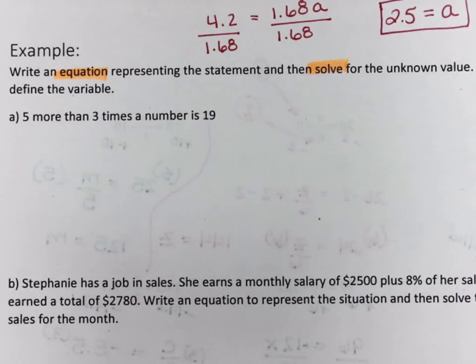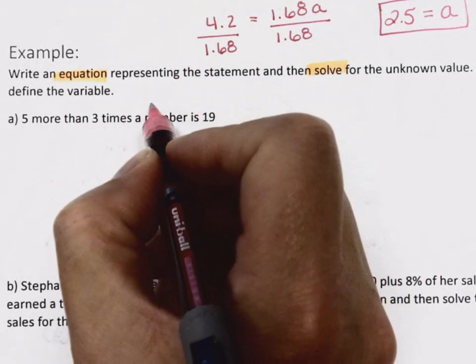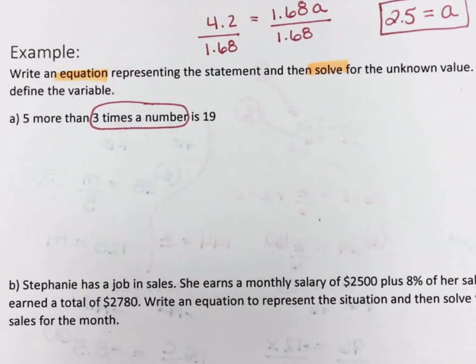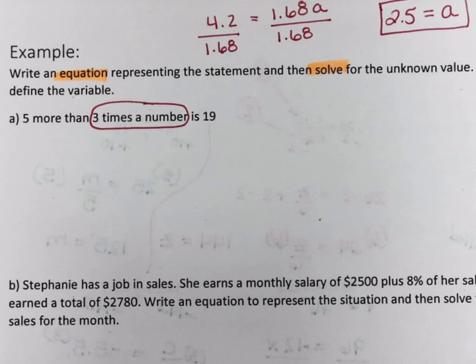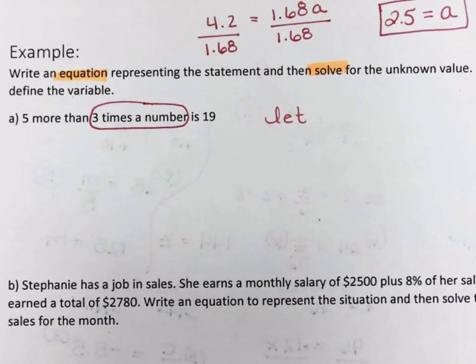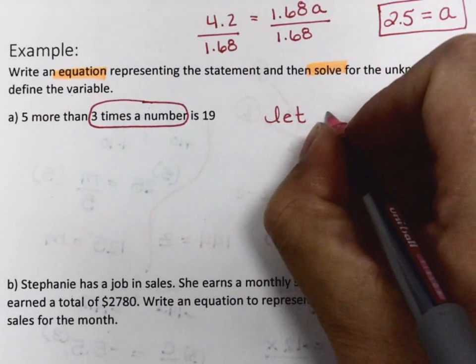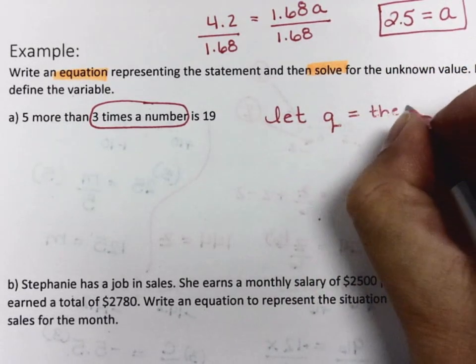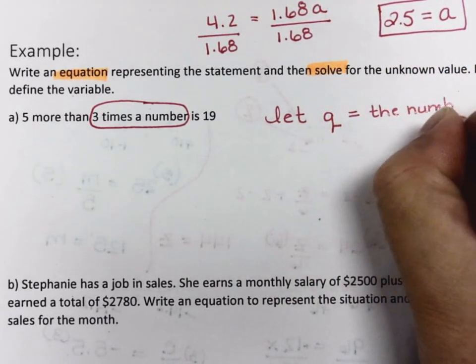Okay, let's pull out some stuff we know right away. What did we do with that on Wednesday? Remember we had to give a letter? So we've got to define the letter. What letter are we going to use today? Q, okay. Let Q equal the number.